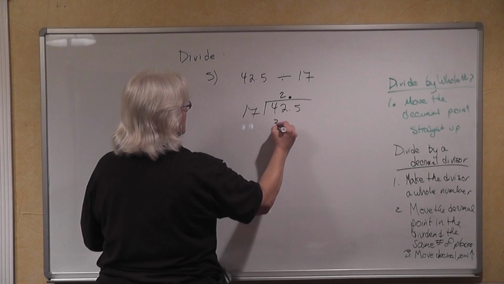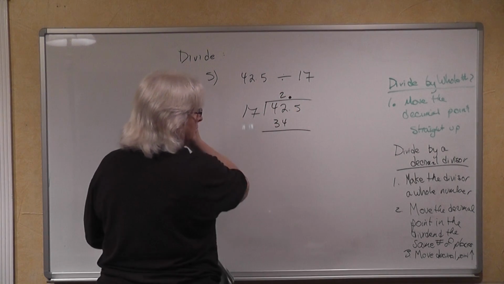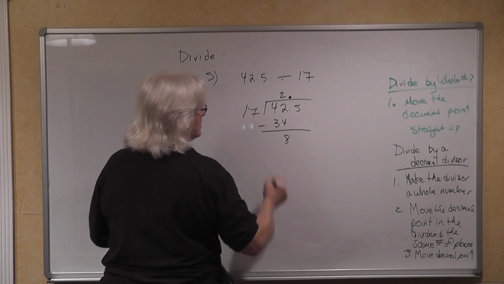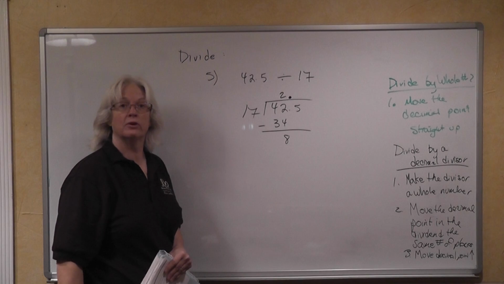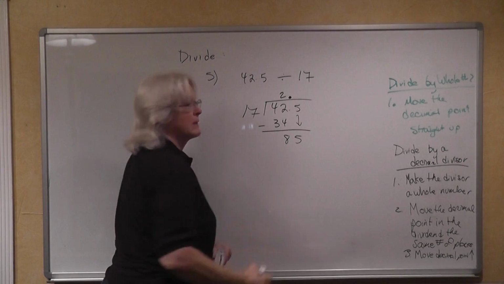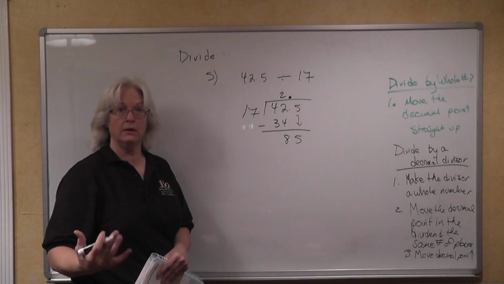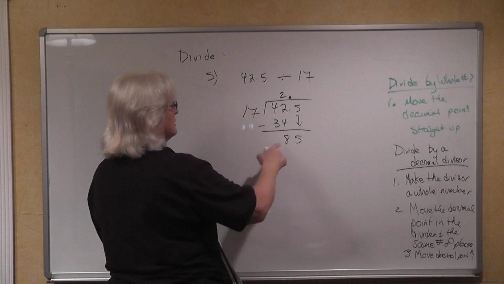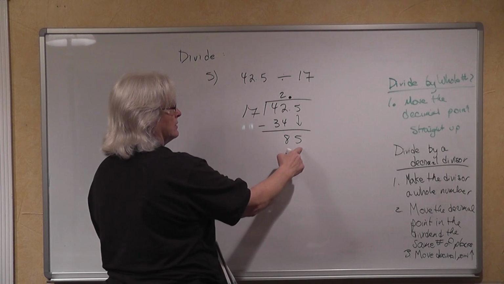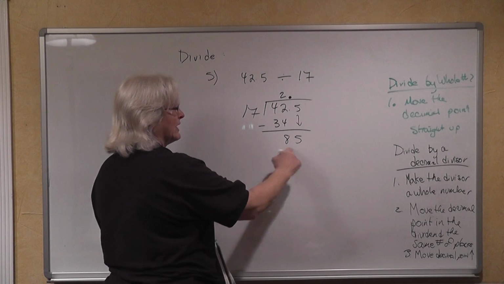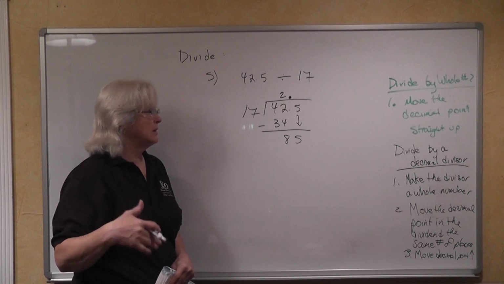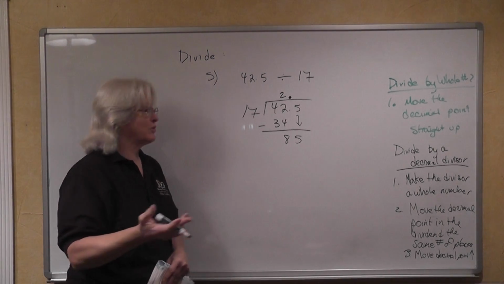2 times 17 is 34, and we subtract. 42 minus 34 is 8. Bring down our 5. How many times will 17 go into 85? I'm looking for a math fact. 7 times what will end in a 5? 6 times 7 is 42. 5 times 7 is 35.